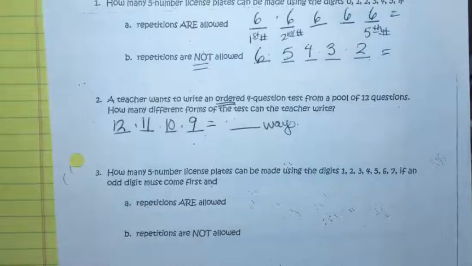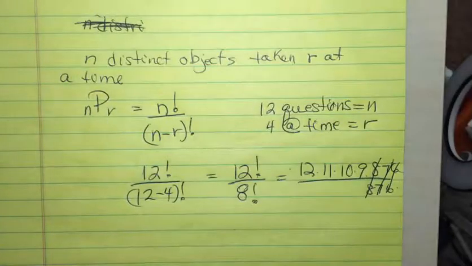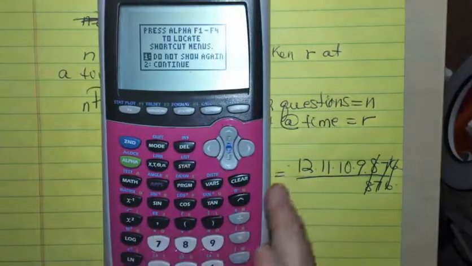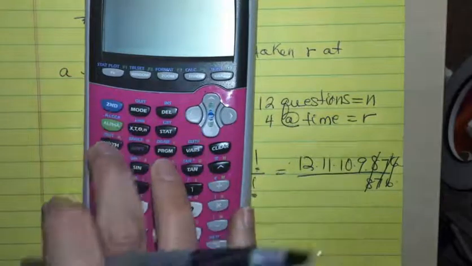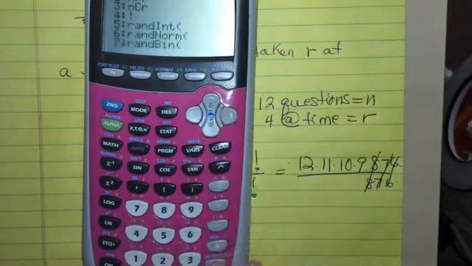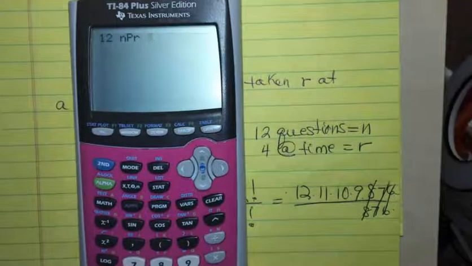So there's another way to do it. The repetitions that are allowed you need to do differently. However, you could use this formula to do it as well. It also can be used if you have a graphing calculator, and you go to, so we had 12, and then we go to math, we go over to probability, down to nPr, and then it was 12, and we're taking 4 objects.